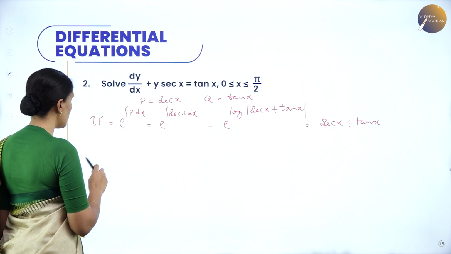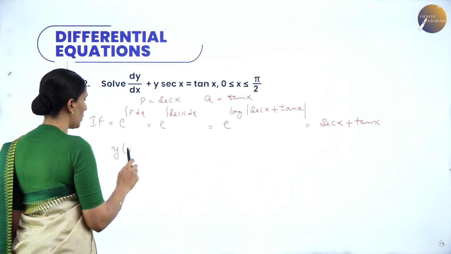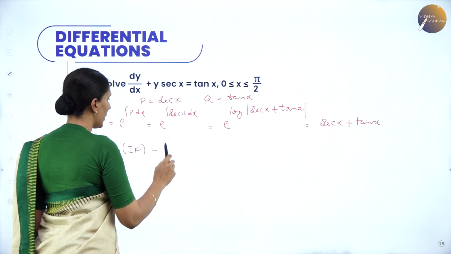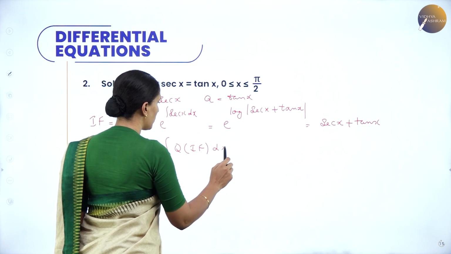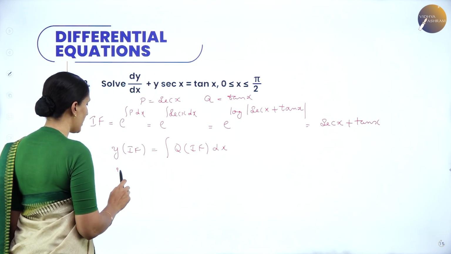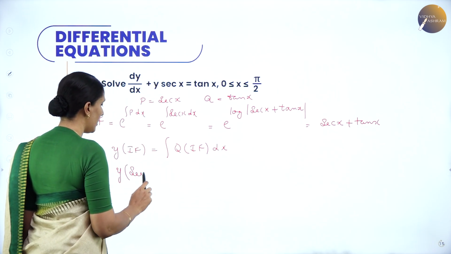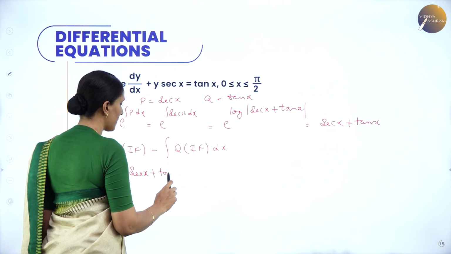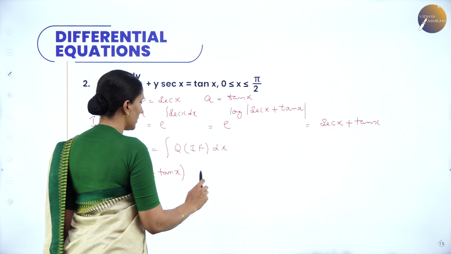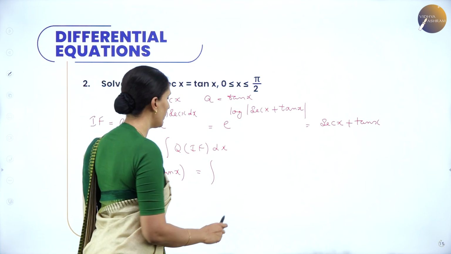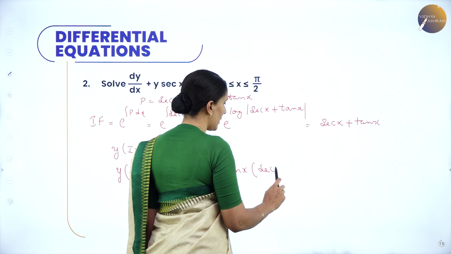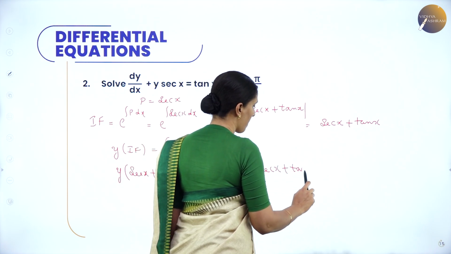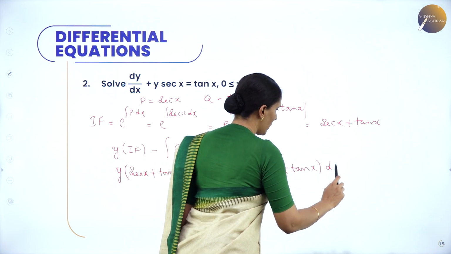Now the solution is y into integral factor equals integration of q into integral factor with respect to dx. So y into secant x plus tan x is equal to integral of tan x into secant x plus tan x with respect to dx.